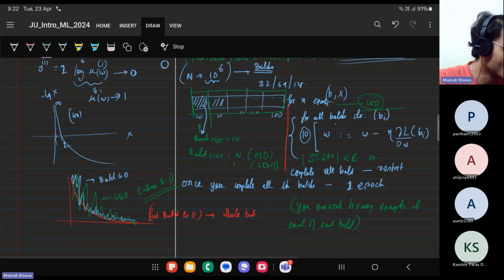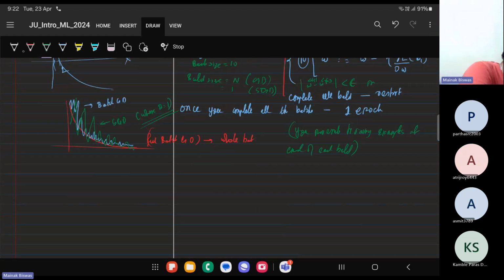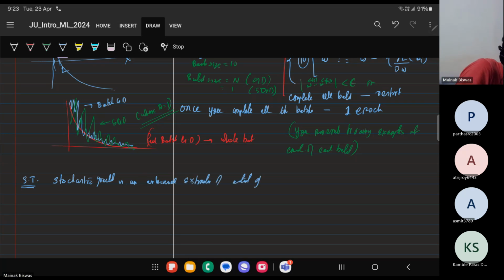Okay, my question to you is: show that the stochastic gradient is an unbiased estimator of the actual gradient.